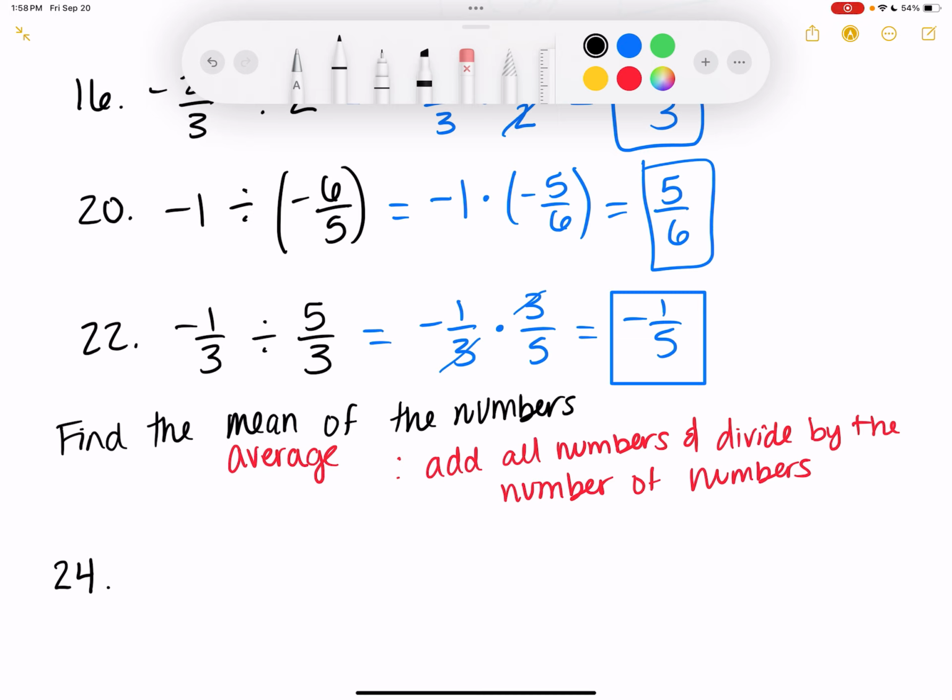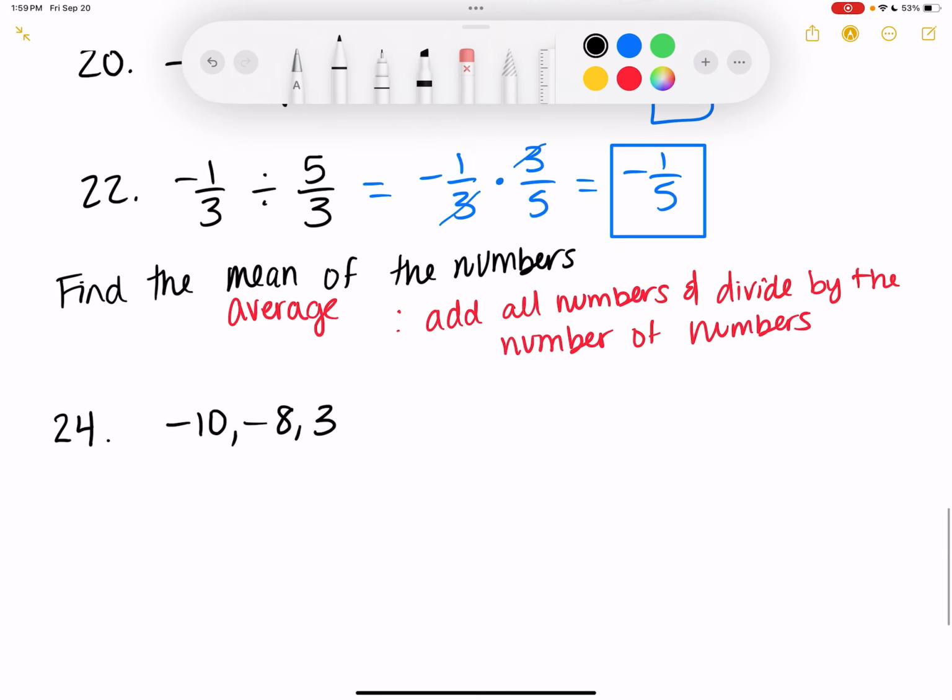All right. So if you have the numbers negative 10, negative 8, and 3, what do I have to do with these to find the average? Negative 10 plus negative 8 plus 3. What does that equal?